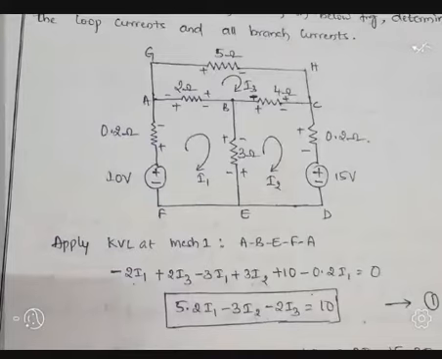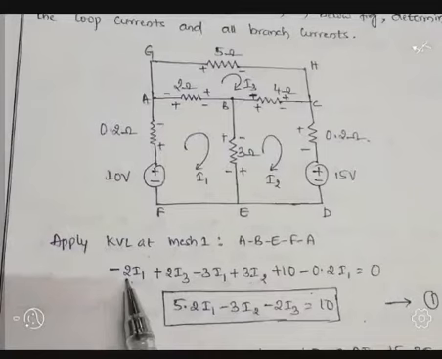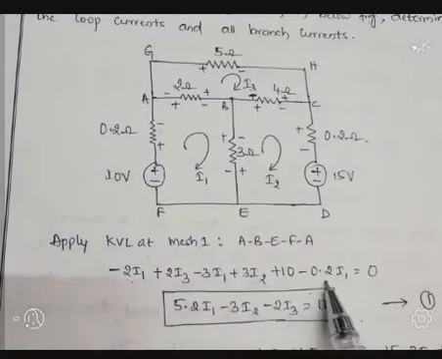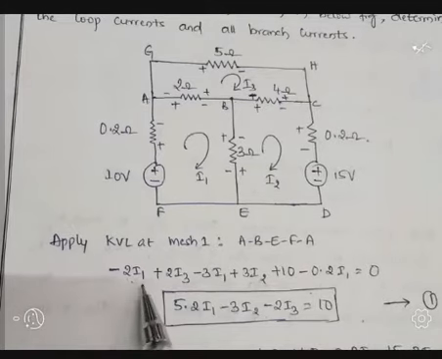Okay, so we applied KVL to the first loop. The next step is simplification. Observe the coefficients of I1. Here minus 2 is there, minus 3 is there, minus 0.2 is there. Now I am adding the coefficients of current I1.